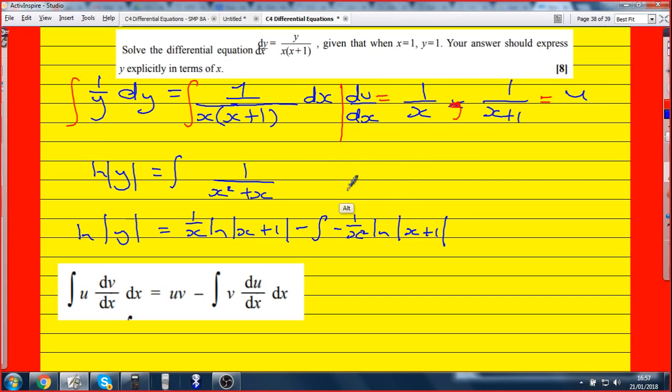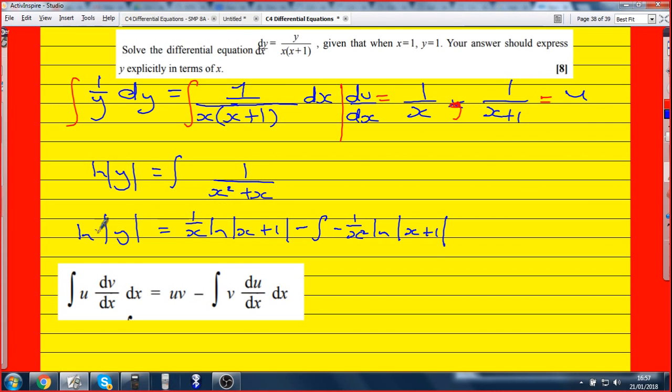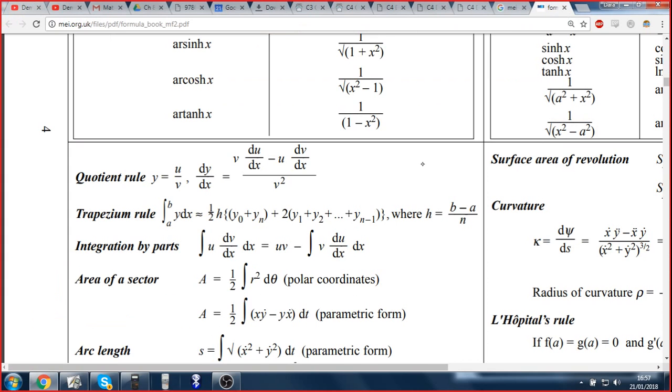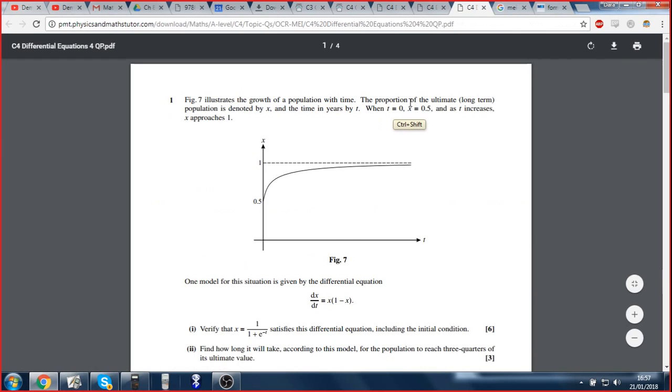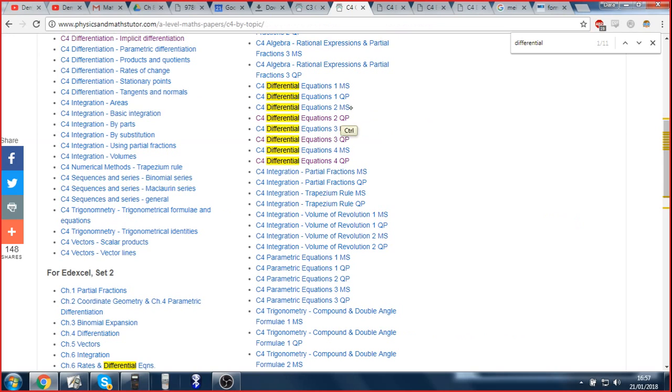Yeah, and then you get ln y. So ln y is equal to that. And then how would you go about getting y equals? Yeah, you do e to the power of it and just the usual way. Let's see. What number was that one? So that was 2.